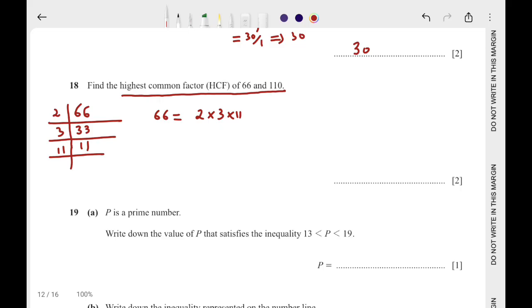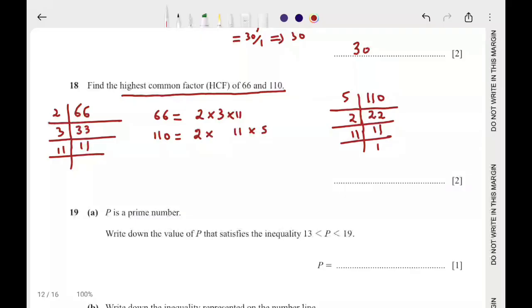Now for 110, 5 times 2 is 10, and 2 times 11, and 11 times 1. So the prime factors of 110 are 2 times 11 times 5.